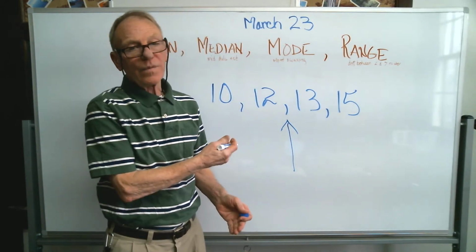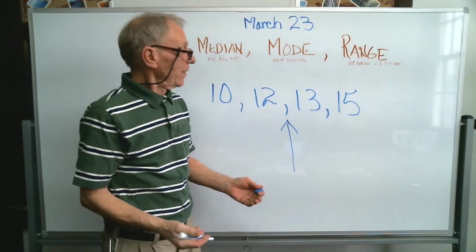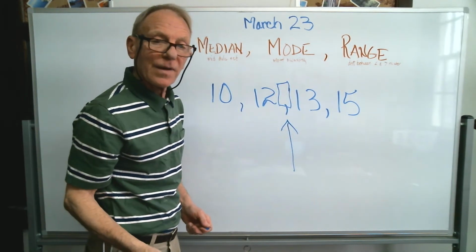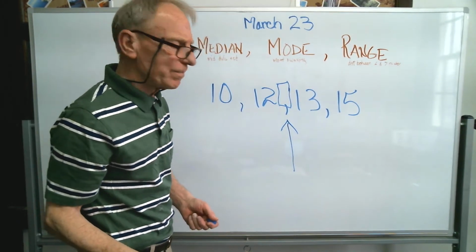Now, we have four numbers. There is no number right in the middle. So how do we determine that number?